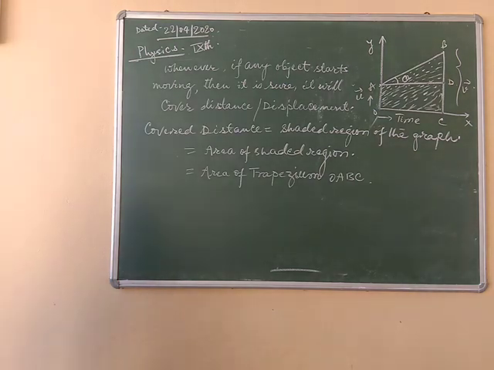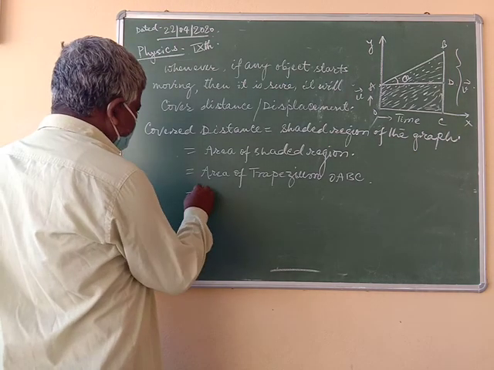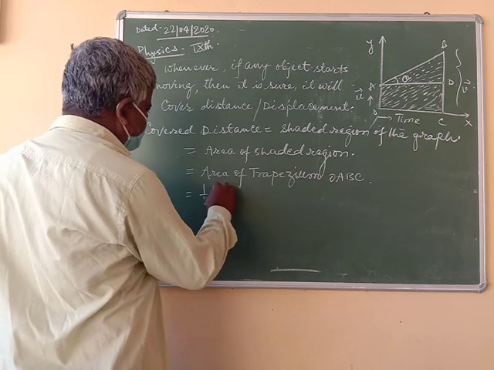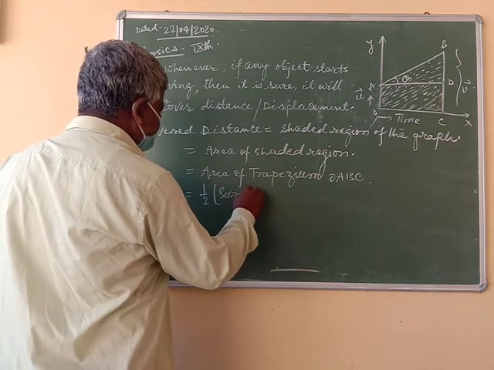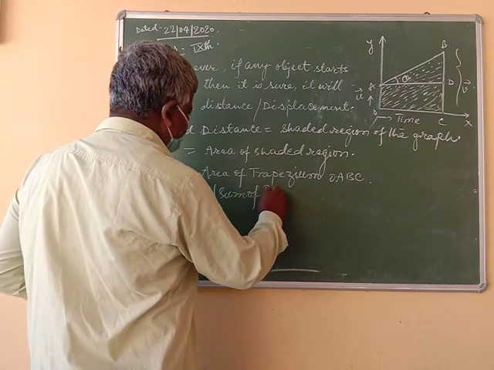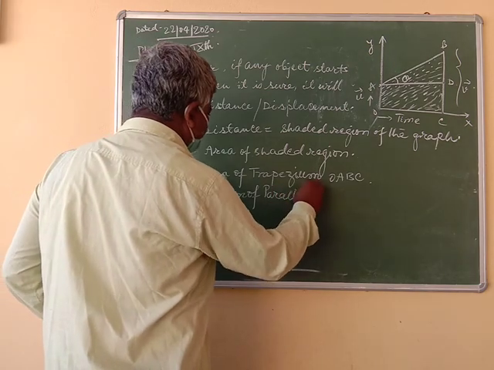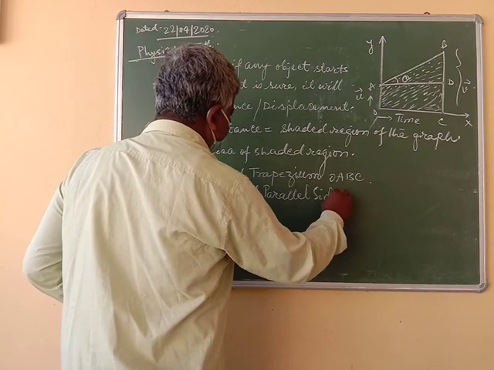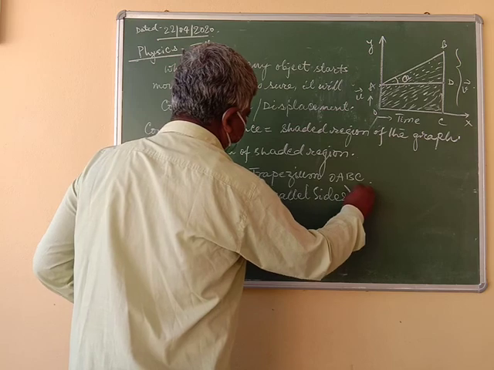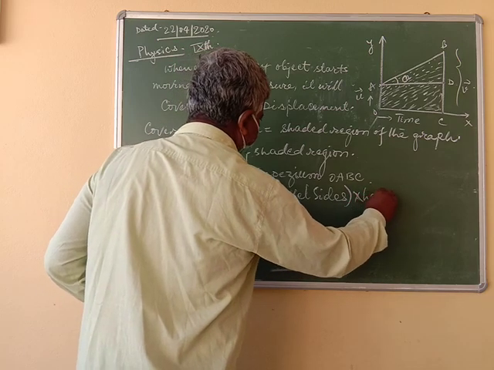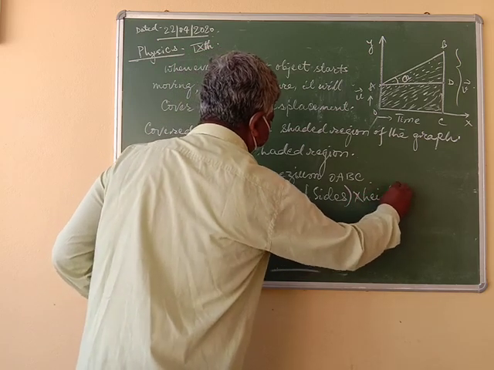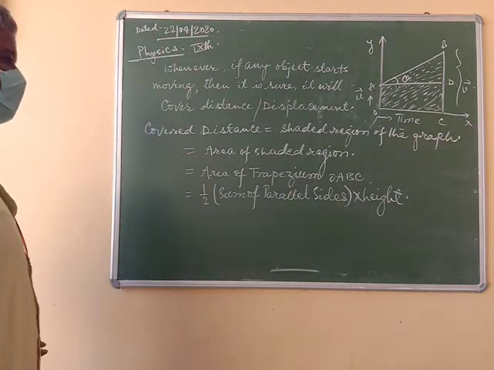As we know, the area of a trapezium is equal to half into the sum of parallel sides into height.